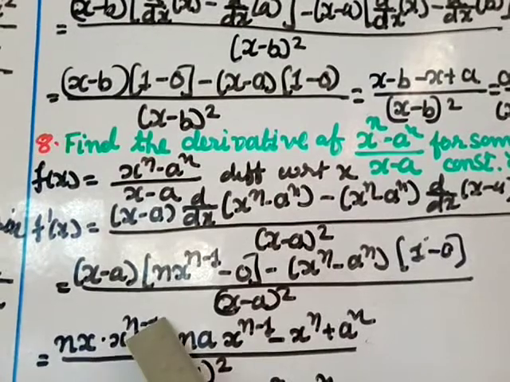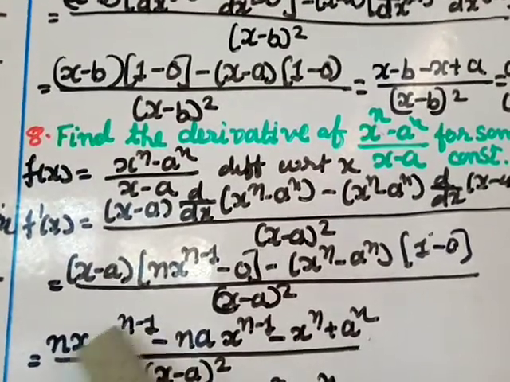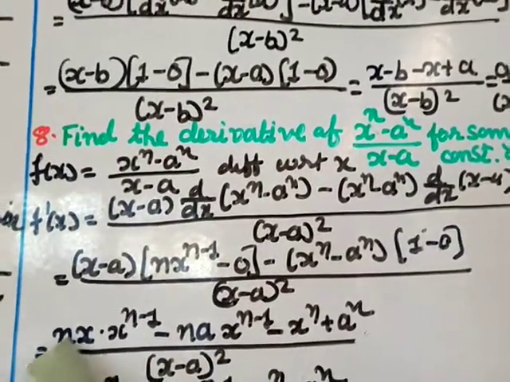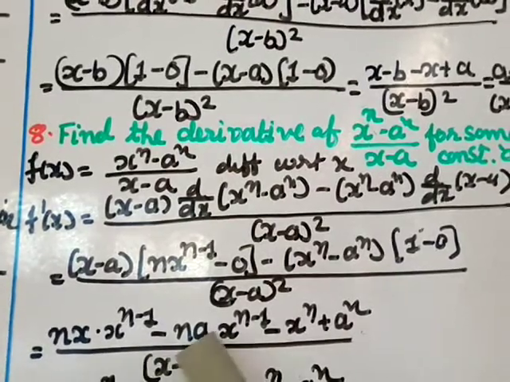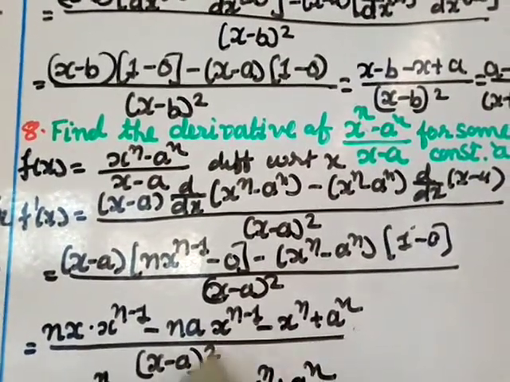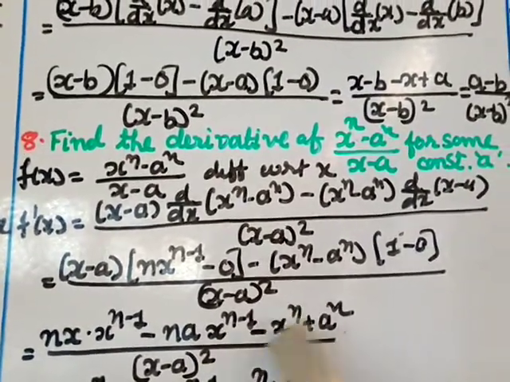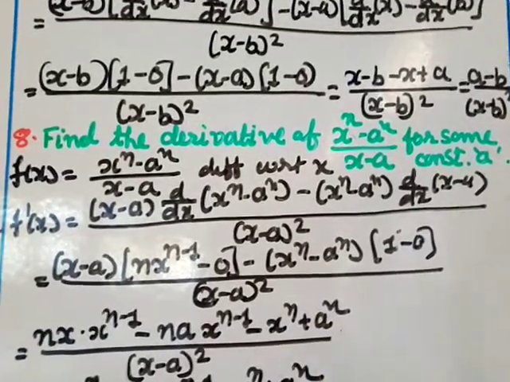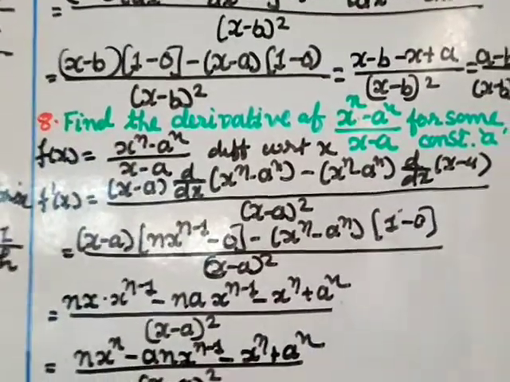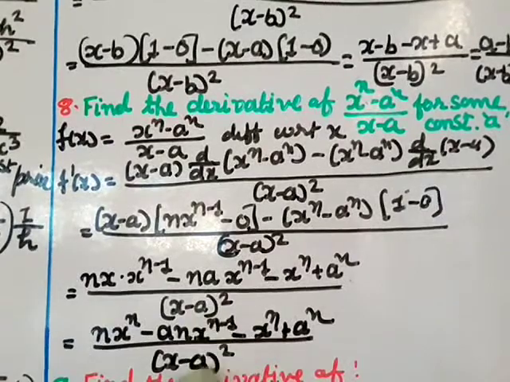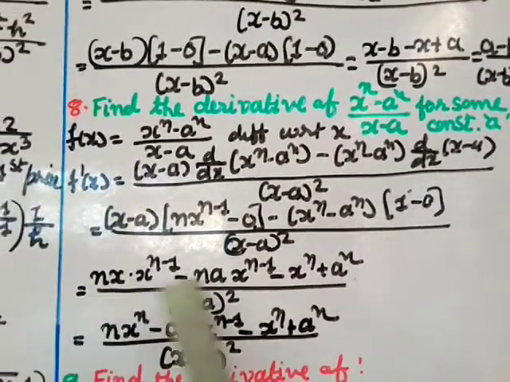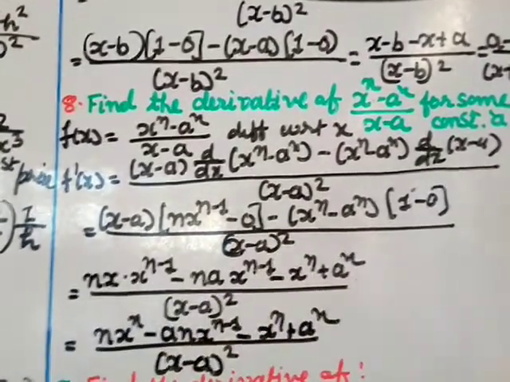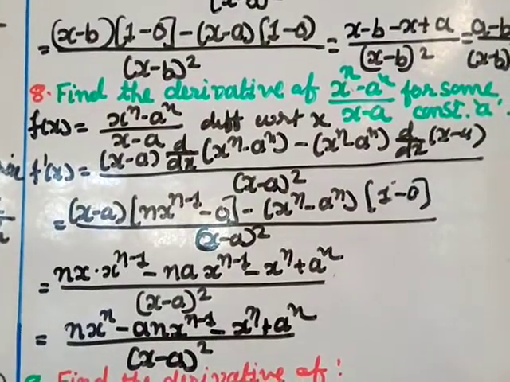So if you combine the power, you get x power n minus 1 plus 1 gives you x power n, so n into x power n minus a into n into x power n minus 1. Okay, minus x power n plus a power n divided by x minus a whole square. This one, x minus a whole square, I am just bringing as it is, right? And this I am just rearranging. So that is the solution for question number 8.